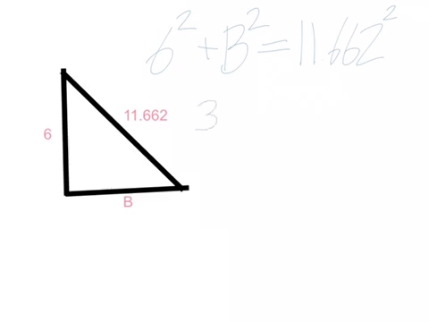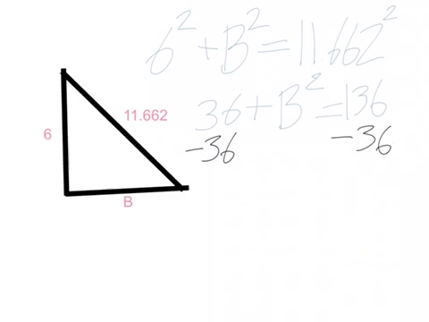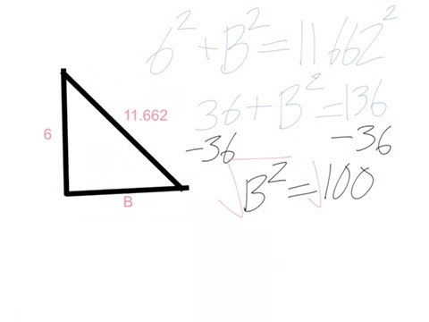So you get 36 plus b squared equals 136, and then you would subtract 36 this time and get b squared equals 100, and then you square root both of them to get b equals 10, because 10 squared is 100.